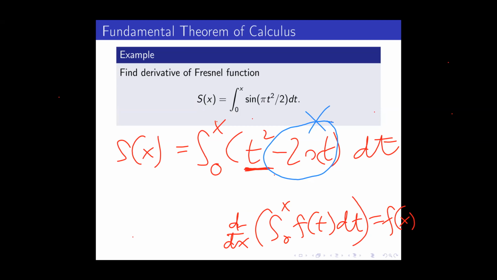So you only have t squared there, it would be simple, right? What should this be?